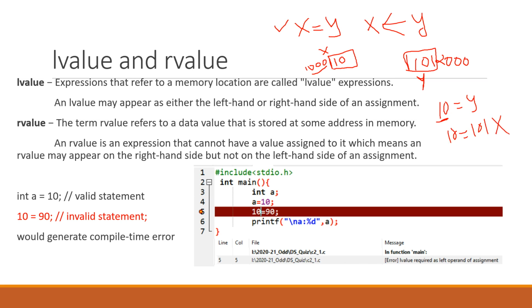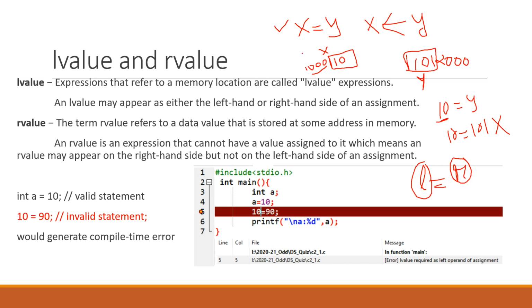This is not possible. So the point you have to remember is that an equation is written as L value equal to R value. The equal symbol has two parts, a left side part and a right side part. Usually, the left side is a container, and the right side can be a constant or a container.